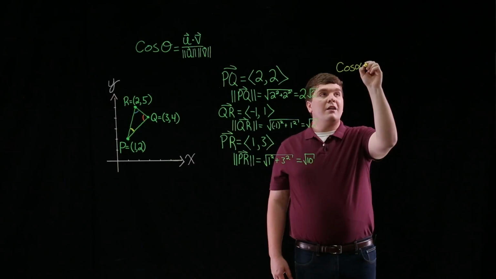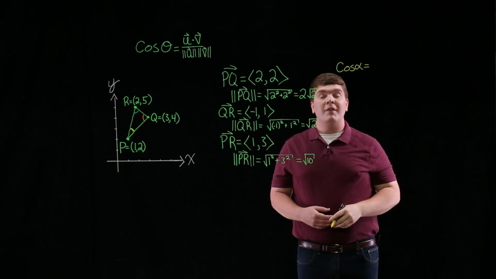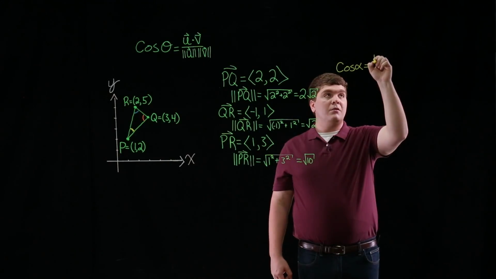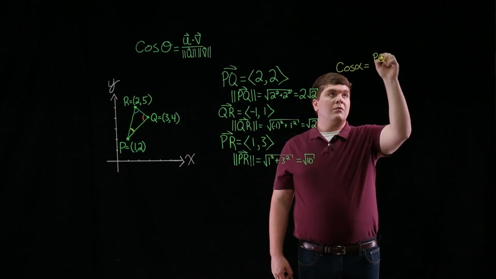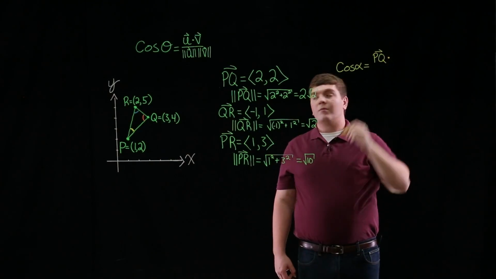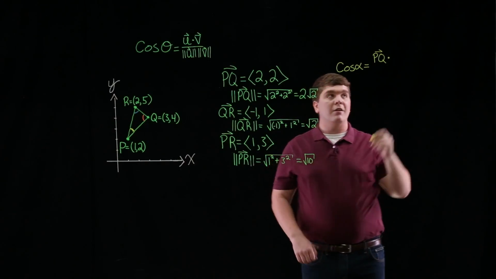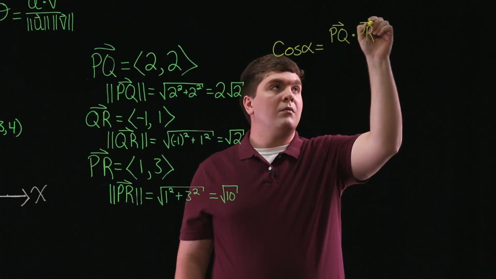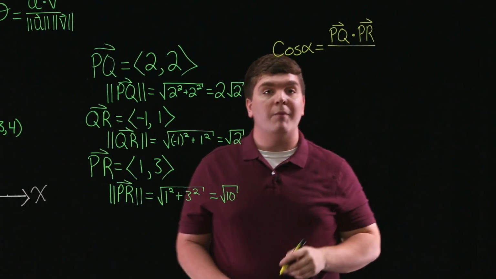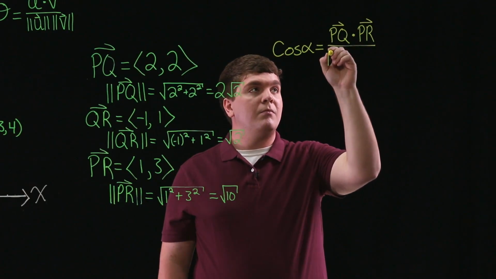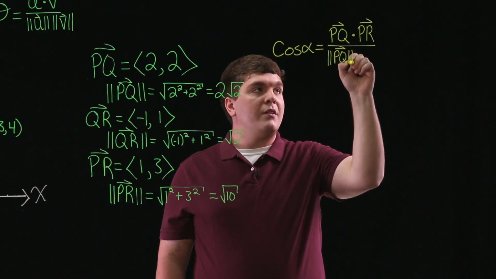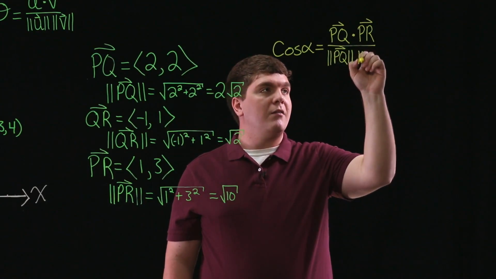So we know that cosine of alpha is equal to the dot product of the vector PQ with the vector PR, and this is all divided by the magnitude of PQ times the magnitude of PR.